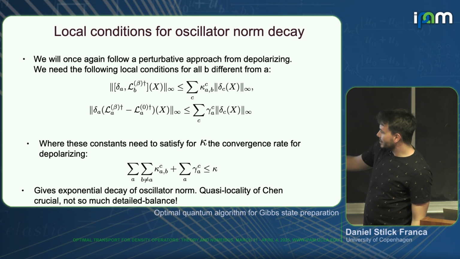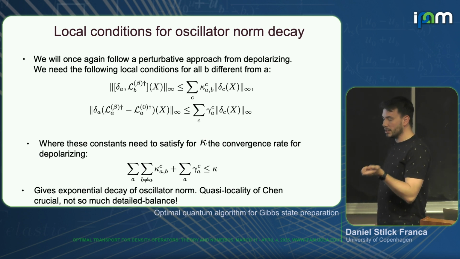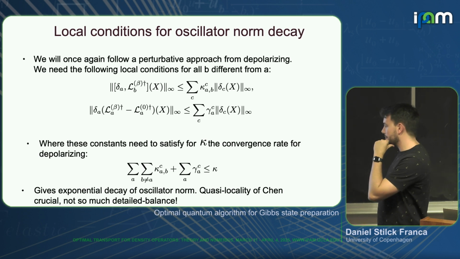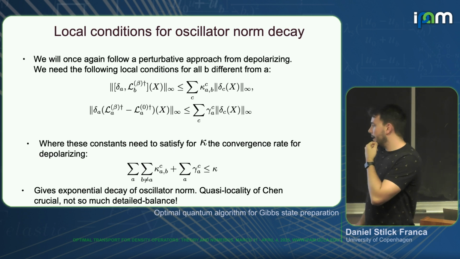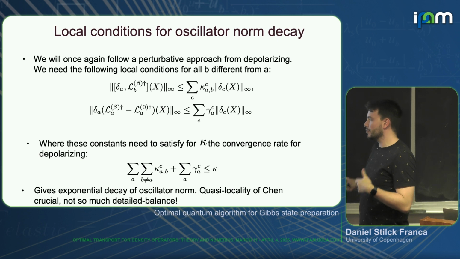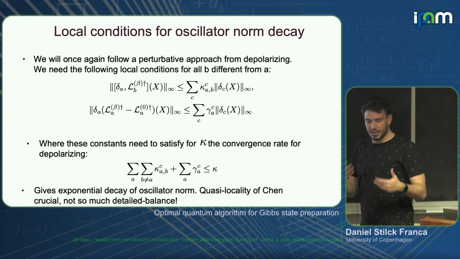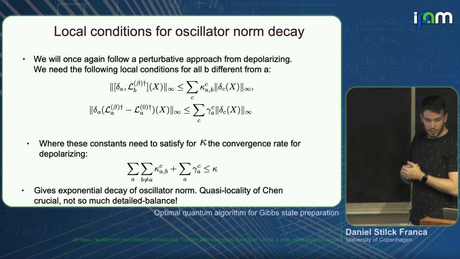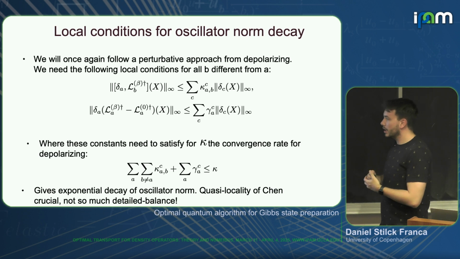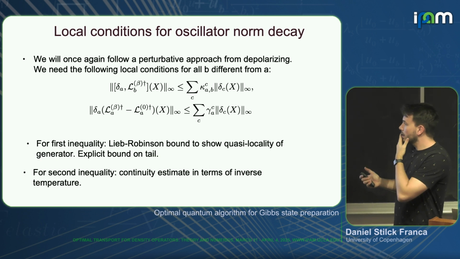And these coefficients need to satisfy another inequality, which is this, where kappa is the convergence rate in the oscillator norm for the depolarizing channel. Unfortunately I don't have time to explain why these inequalities suffice, but at least I'll give you some intuition as to why they are satisfied in the framework of Chen.